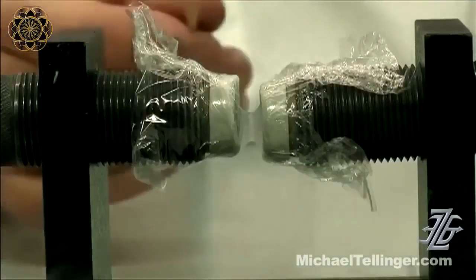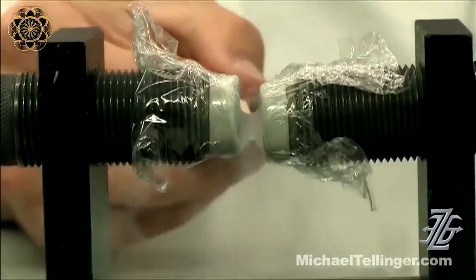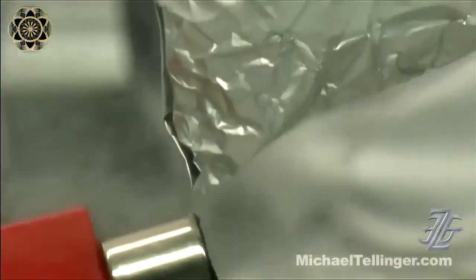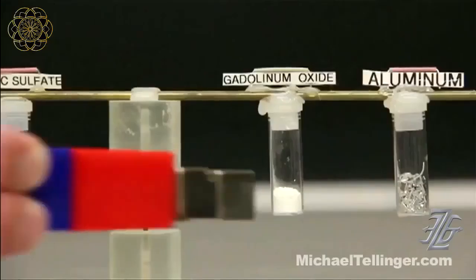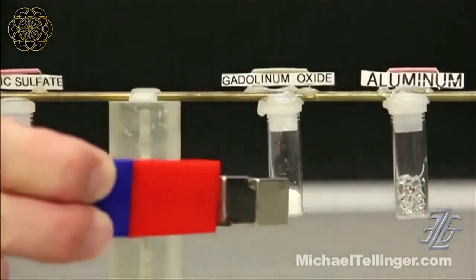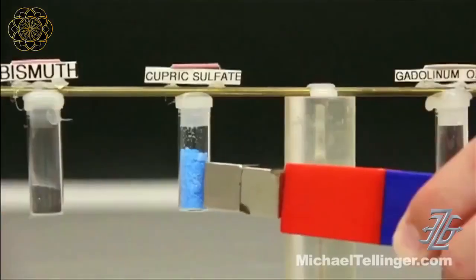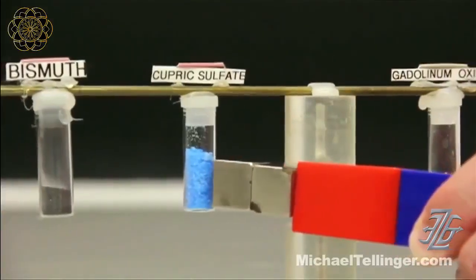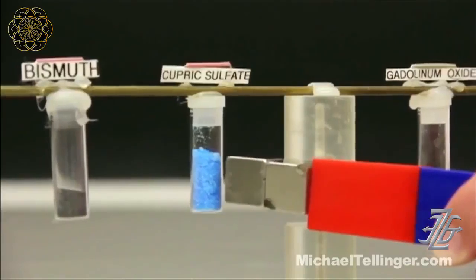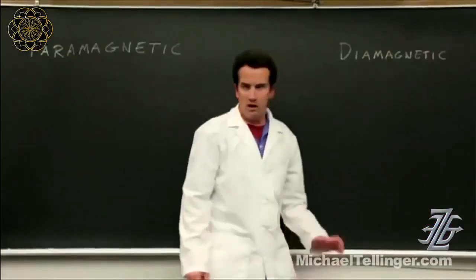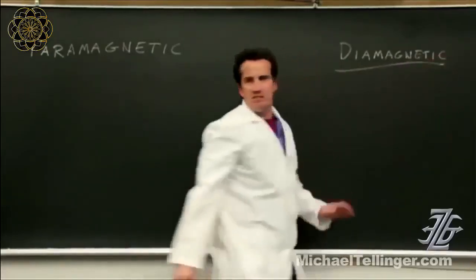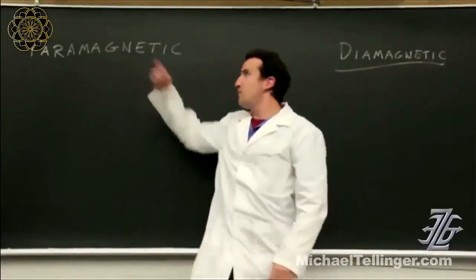And so is oxygen, which is attracted to magnets. Here, I have a few milliliters of liquid oxygen, which sticks to the magnet. I'll explain why later. Gadolinium oxide and cupric sulfate are good examples of paramagnetic substances. Cupric sulfate is a salt that can be picked up by a magnet. Diamagnetic materials are exactly the opposite of paramagnetic.